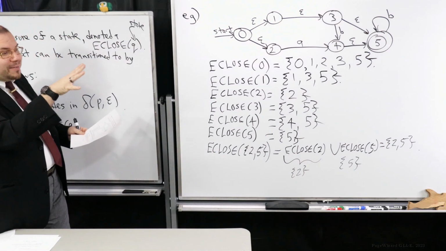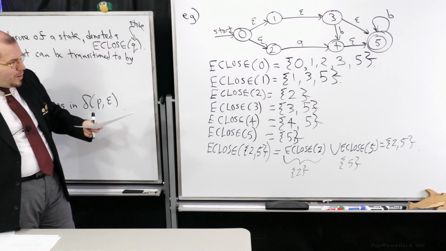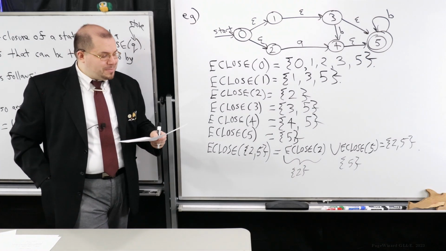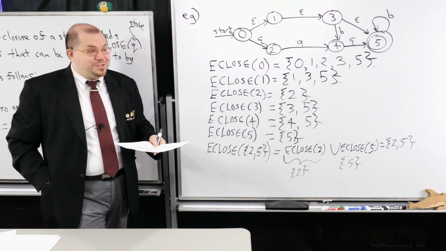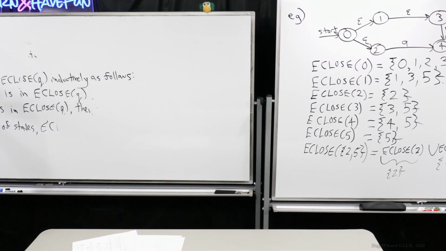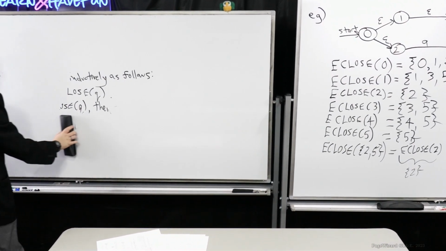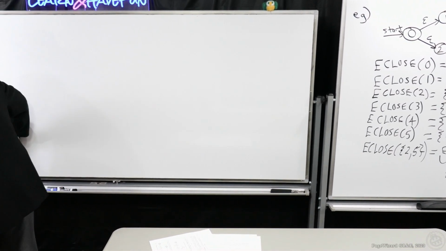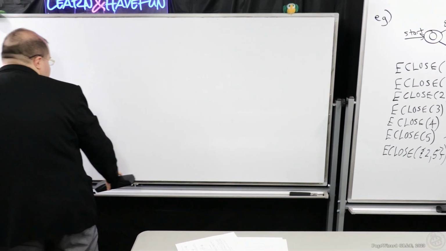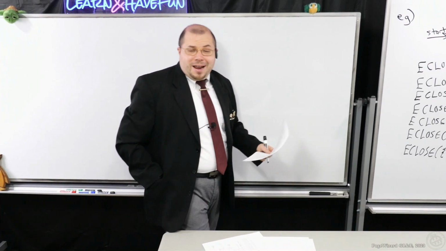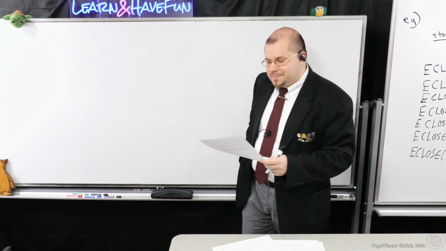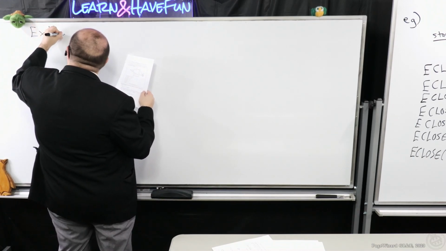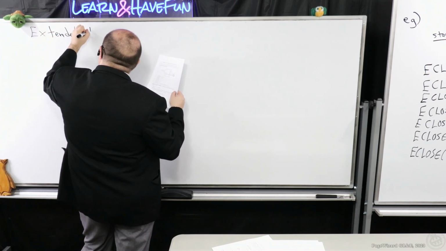So now that we have this mechanism that models these so-called epsilon transitions, let's now define the extended transition function using epsilon closures. Once we have this, we have a way of defining the computations of an epsilon NFA. And you're going to see very quickly that this is not going to be very much different than what we had with the NFA. We're just going to add this mechanism into it.